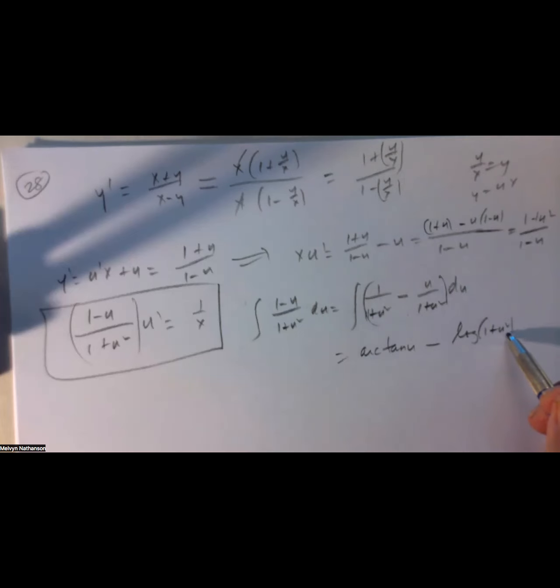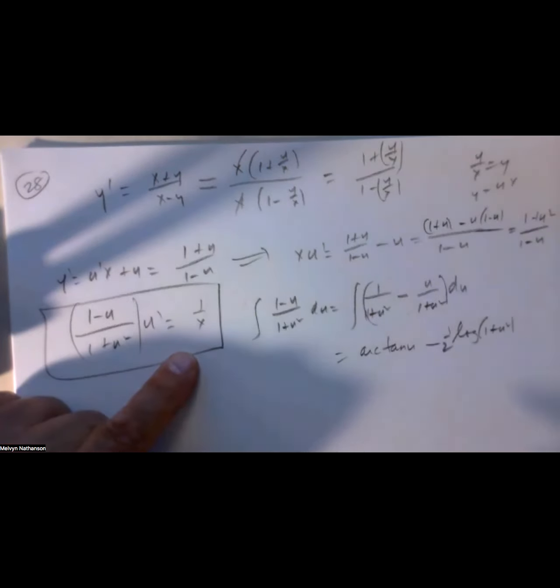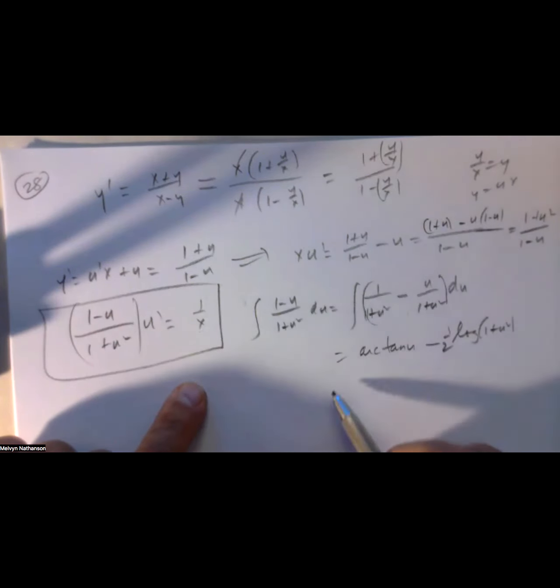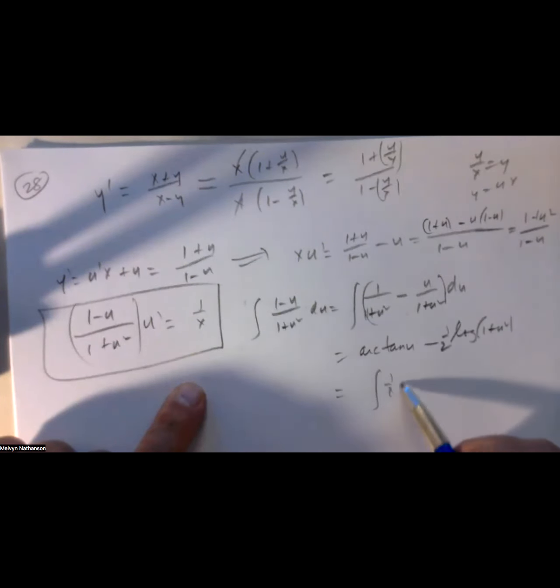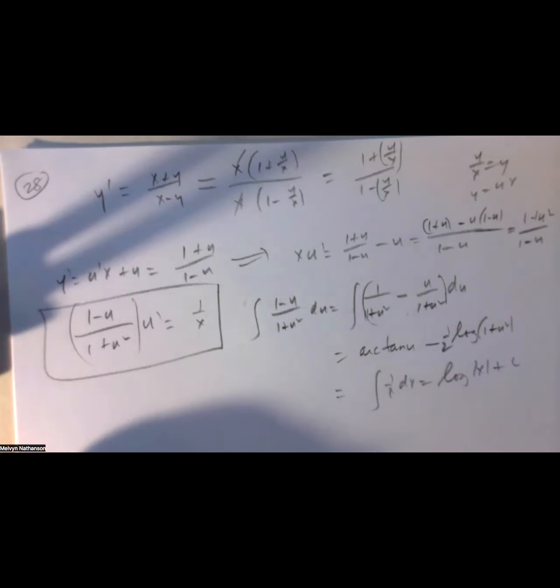If I differentiate this, I get 1 over 1 plus u squared times 2u, so I need a factor of 1/2. And this is going to equal the integral of 1 over x dx, which is log x plus a constant.